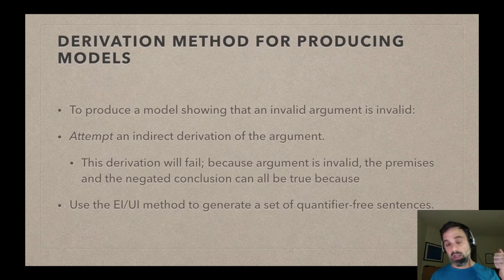We've instantiated each of the existential quantifiers to different variables, and we've instantiated each universal quantifier to all of the variables from EI and to all the names. And then we take those quantifier-free sentences, their witness set, and so then we just make a model for them.